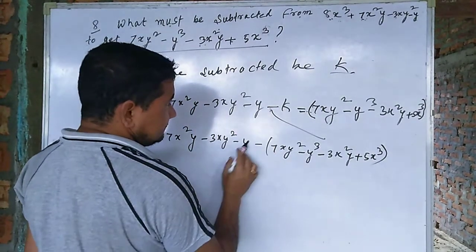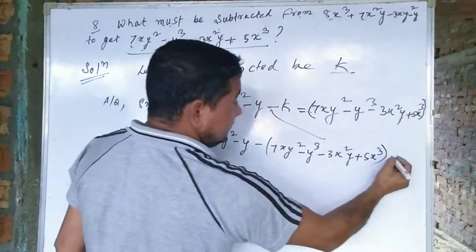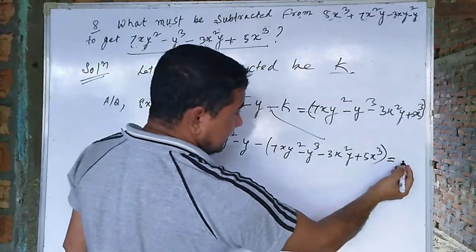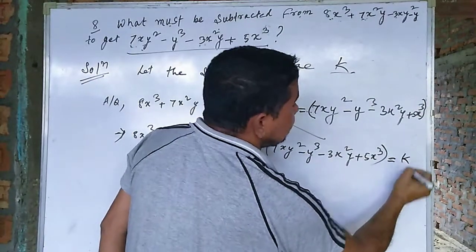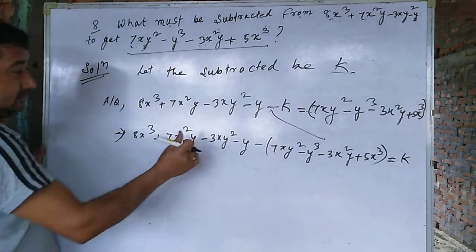I am writing this: minus k, taking left to right, minus will change to plus, there plus k. Now you subtract this term.